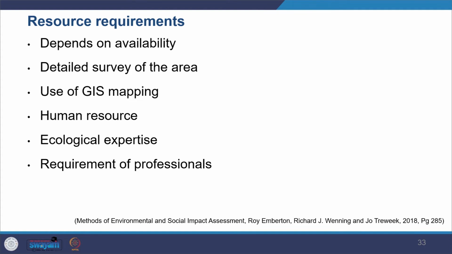You have to go and survey, which would consume a lot of time and money. If a lot of information is already available, it would reduce the time span for collecting it. So one has to be very careful about how much they can commit to.